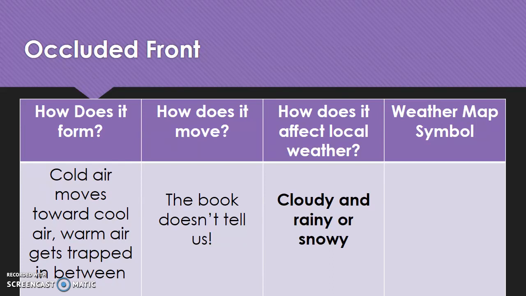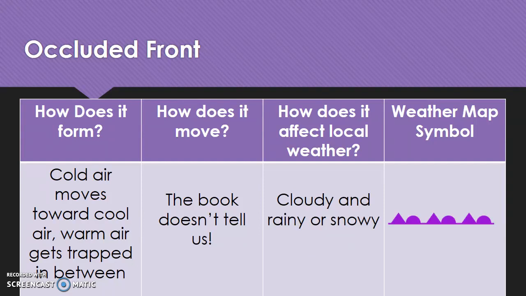It affects the local weather by giving you clouds, rain, and snow. And the weather map symbol is purple, and again it's a combination of the triangle and the half circle. So it's a combination of the warm and cold. The colors melded together to make a lovely purple.